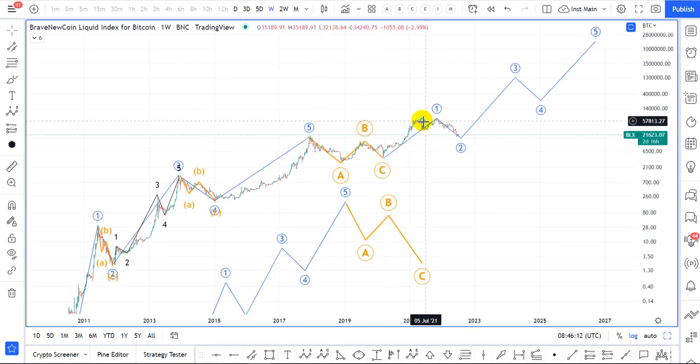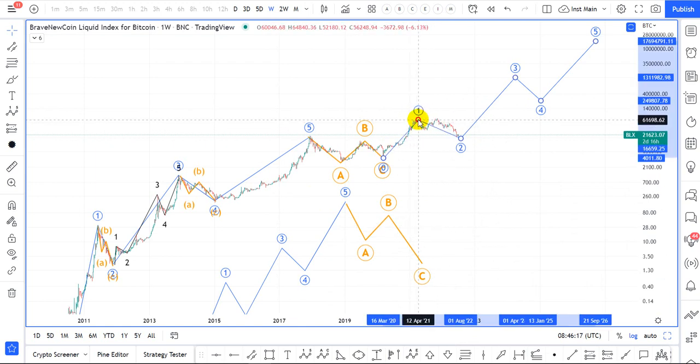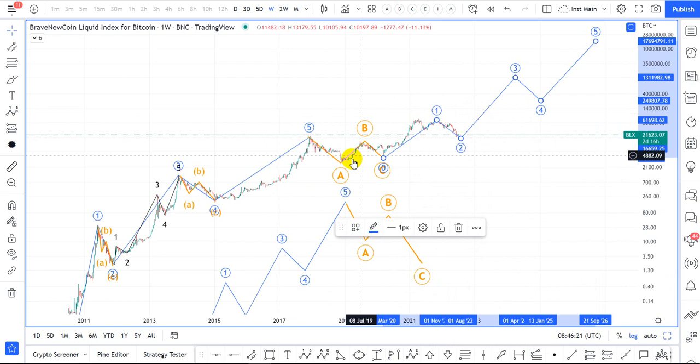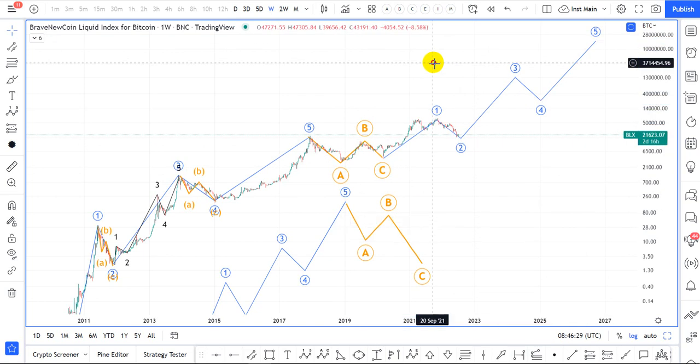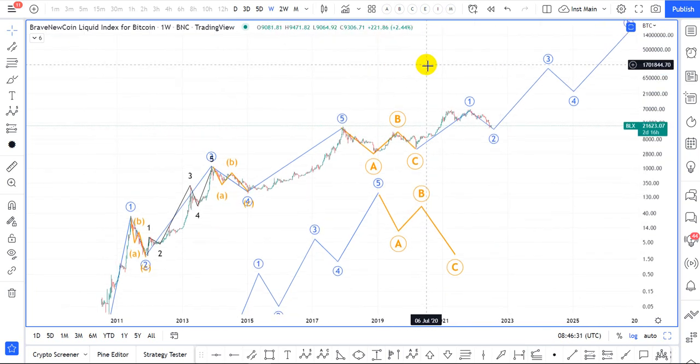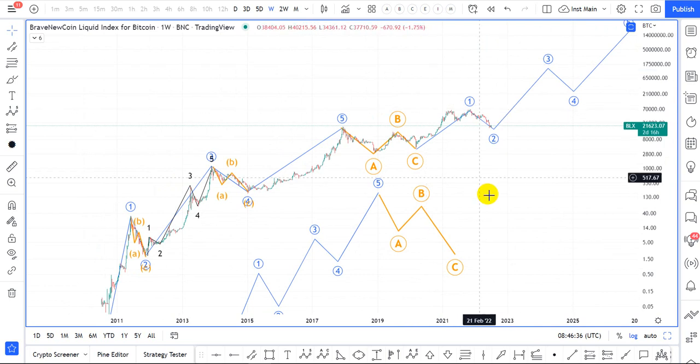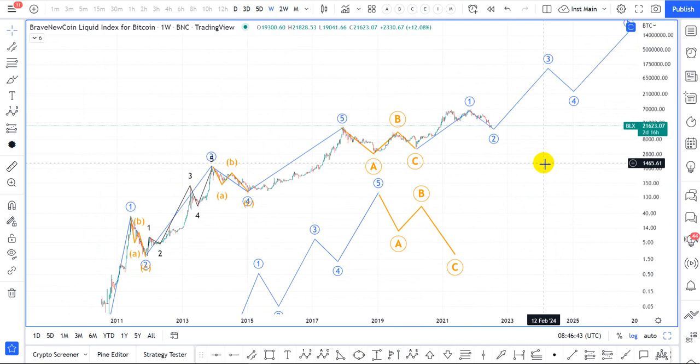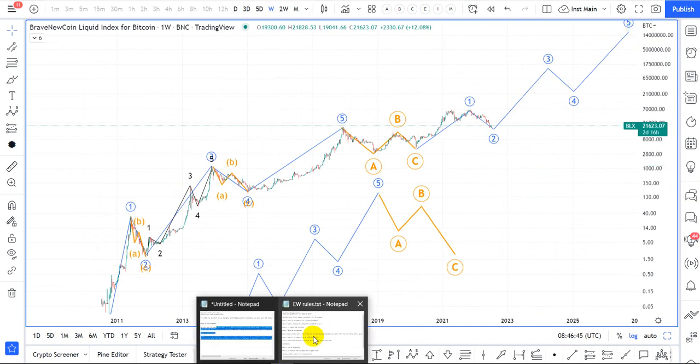For example, somebody can say this one is wave 1 and this is ABC. Somebody will put it here. Then somebody will say, well, this was 1, 2, this is 3, 4, and then the fifth one is coming. So it's not so obvious, but I will show you another trick which shows that this is the most likely reasonable count.